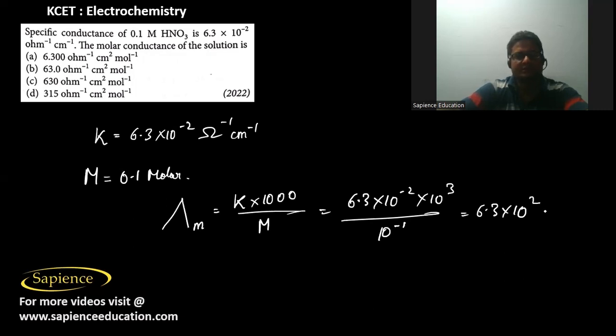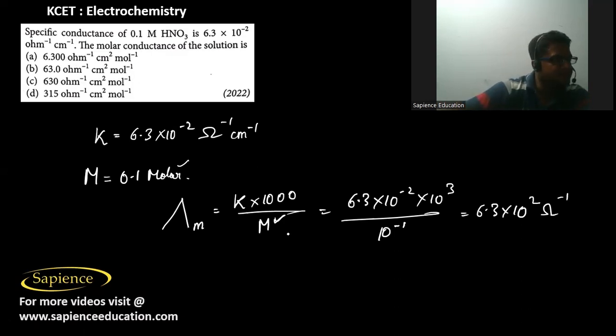So 6.3 into 10 power 2 per ohm, and the units will be per ohm centimeter square per mole.